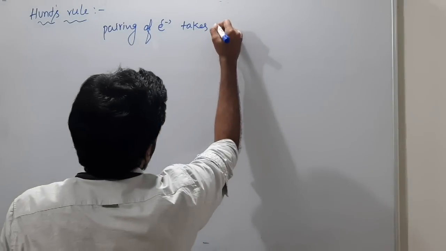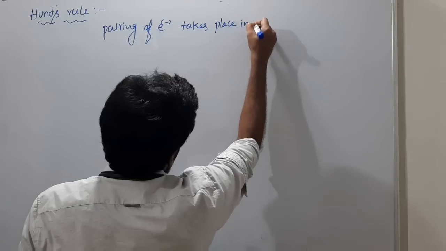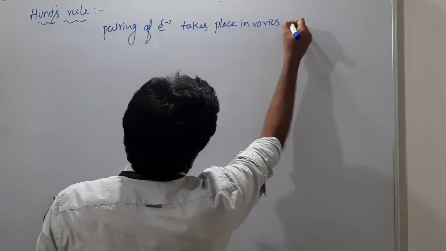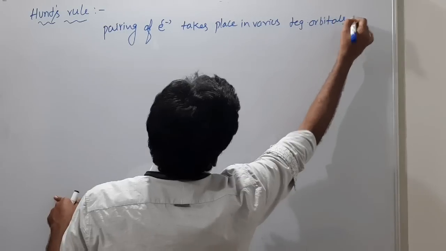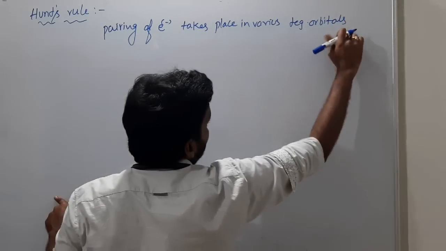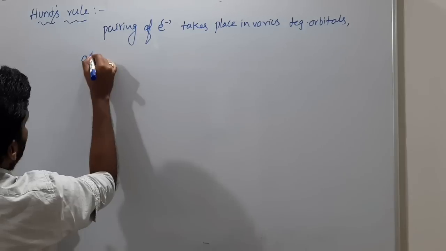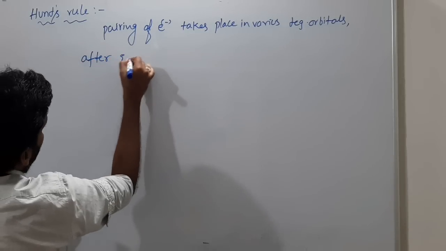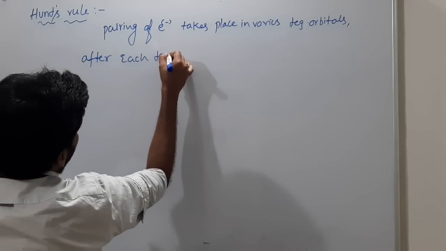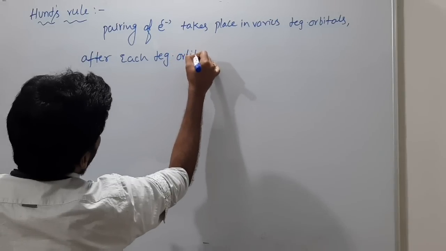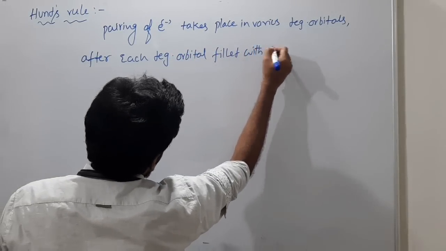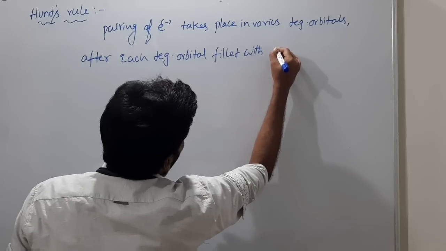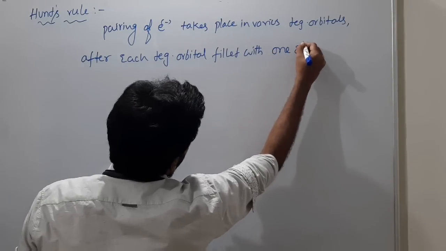Pairing of electrons takes place in various degenerate orbitals after each degenerate orbital is filled with one electron.